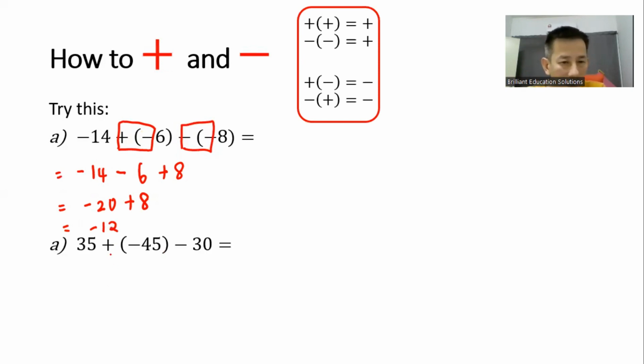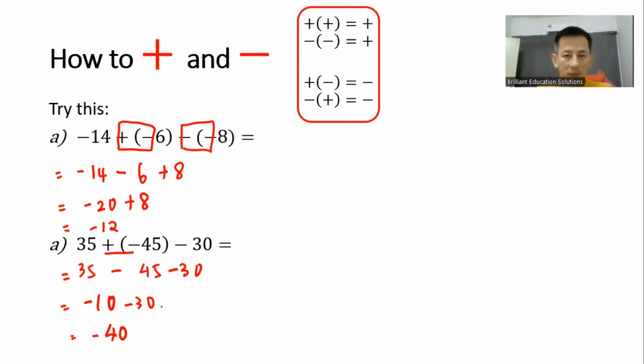How about this? So it's 35 plus minus is minus 45 and minus 30. So plus 35 minus 45 minus 30. Your final answer: same sign, then we plus, so 40 with the sign. How about this?